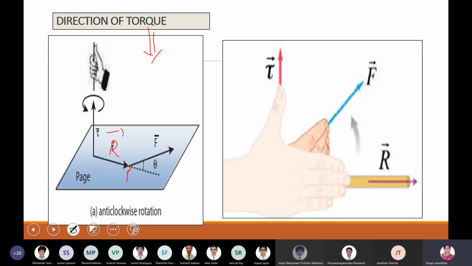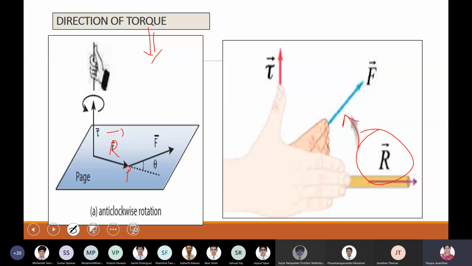All your fingers except your thumb, you stretch along the direction of R. First and foremost, all the fingers of your right hand, you stretch along the direction of R, and then you can see the arrow.